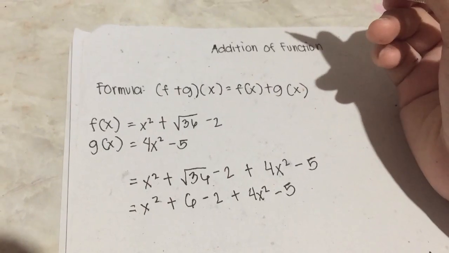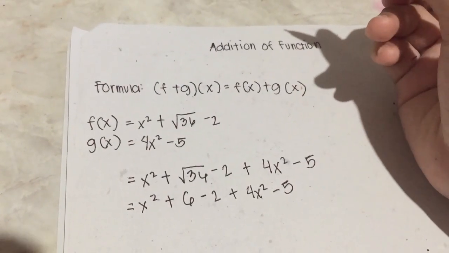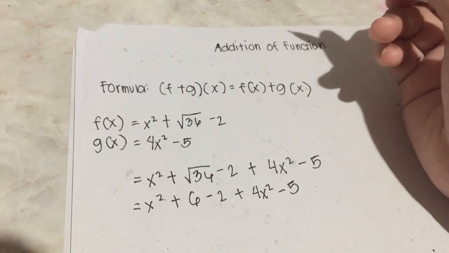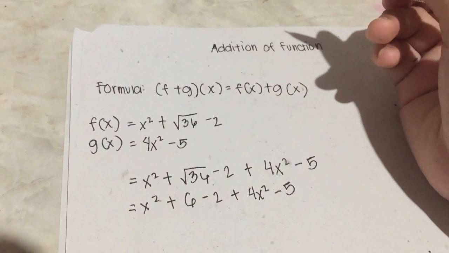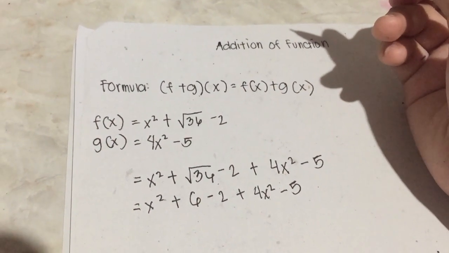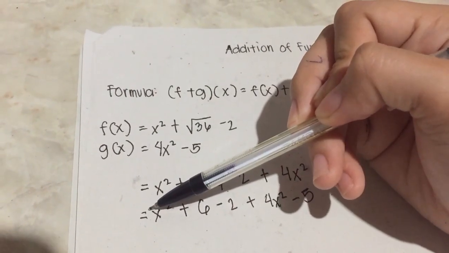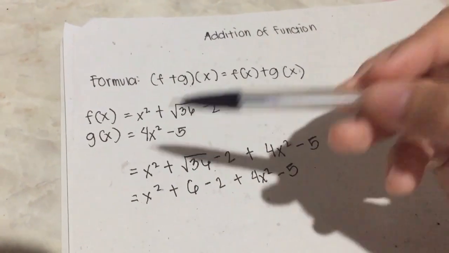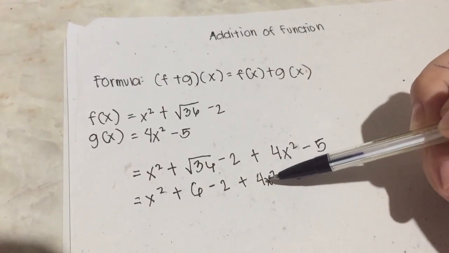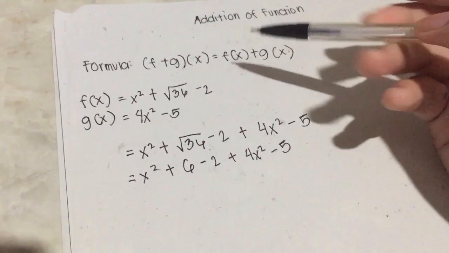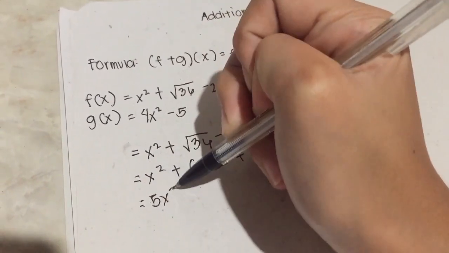Now let's proceed to the next step in solving addition of functions, and that is combining like terms. In combining like terms, you should keep in mind that x squared has a constant of 1. So 1x squared plus 4x squared is equal to 5x squared.